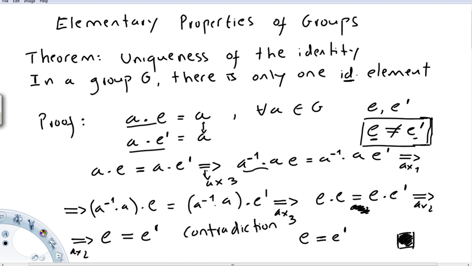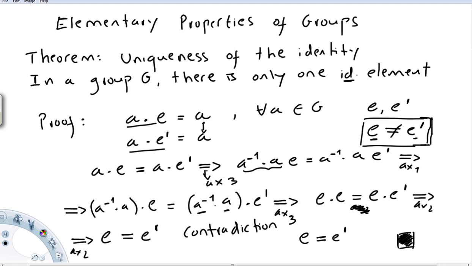Now we can associate, by axiom 1. In a group the operation is associative, so we can associate these elements. And the definition of the inverse is that the inverse times the element equals the identity.